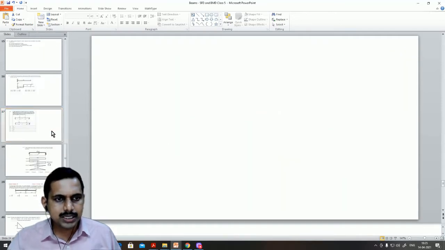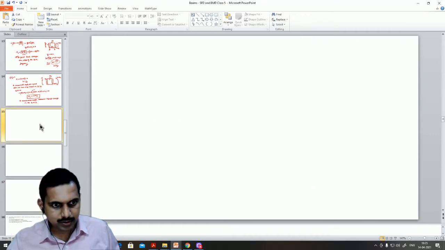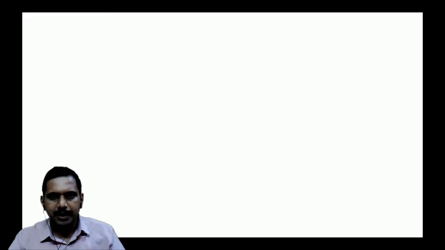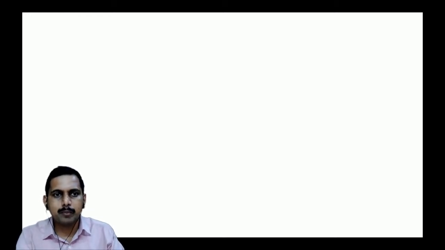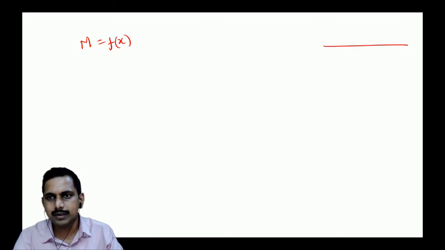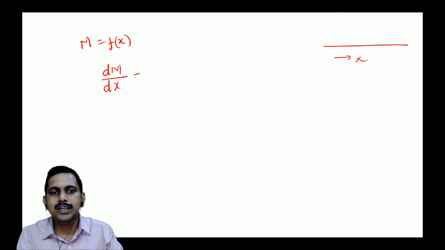Now what is happening is, when you differentiate the bending moment, say M is there. Bending moment is some function of x, correct? x is the span, it is some function of x. Now dM/dx gives me the shear force.